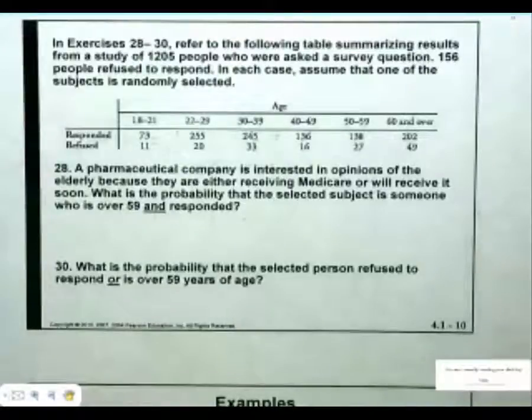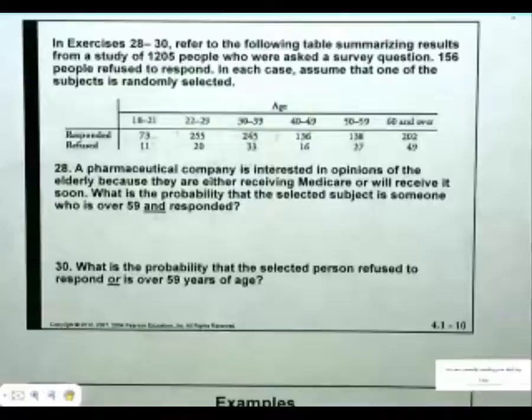How many people were over 59 and responded? Go for it. I heard different answers. Over 59, that would be the same as 60 and over, right? So there are 251 senior citizens, basically, and responded.